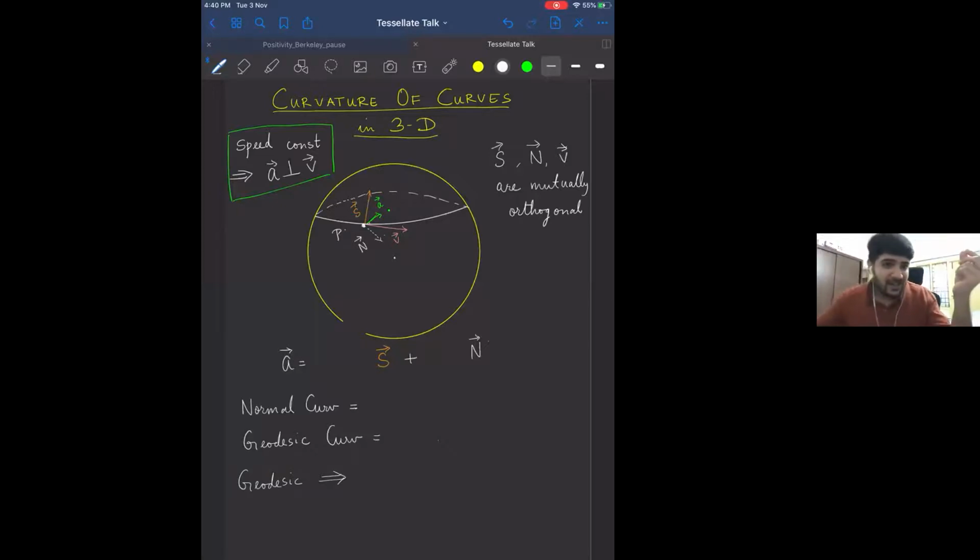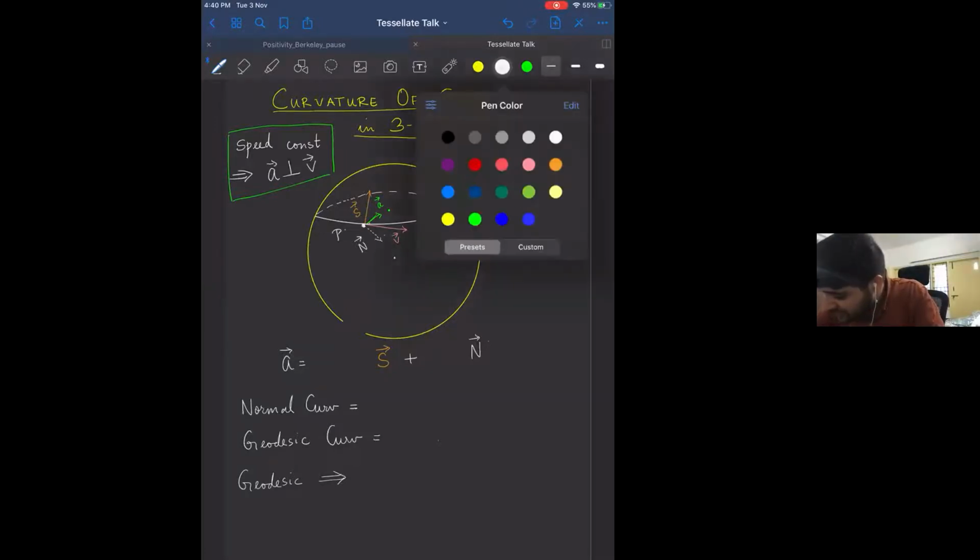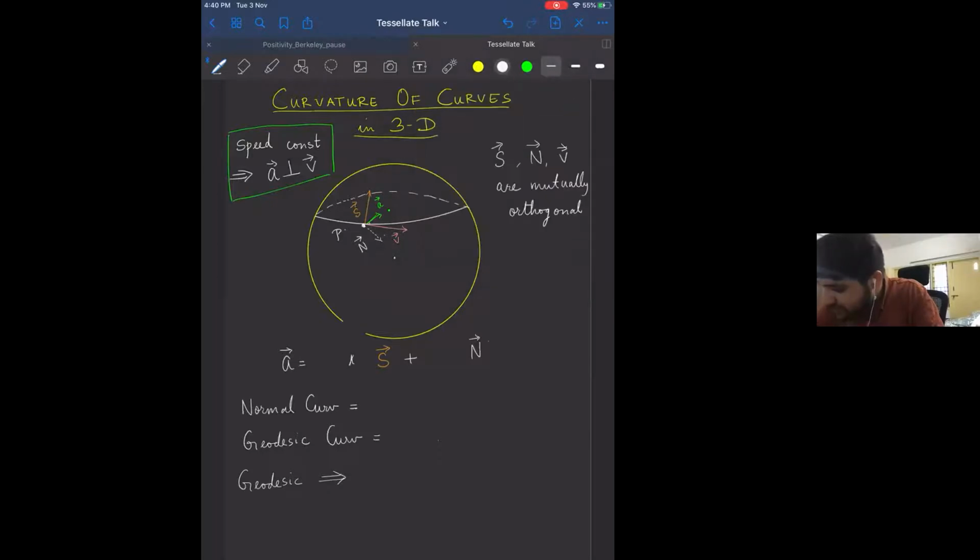So it can have 3 components, but because it's perpendicular to the velocity vector, that component is 0. So it has these 2 components, which I'll write as kg and kn.